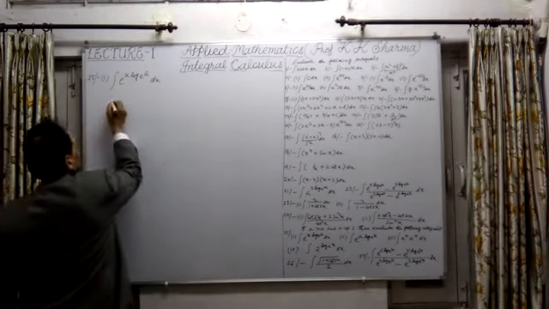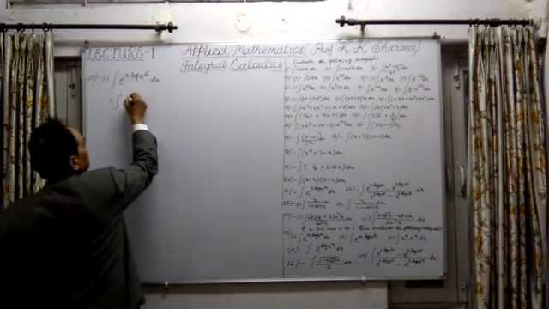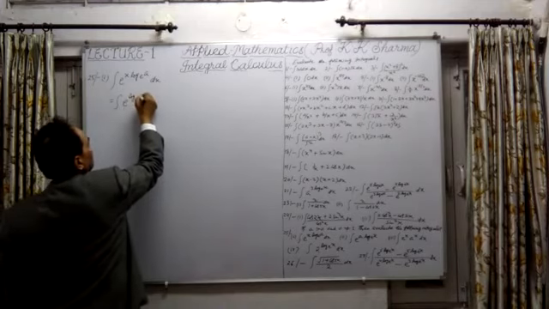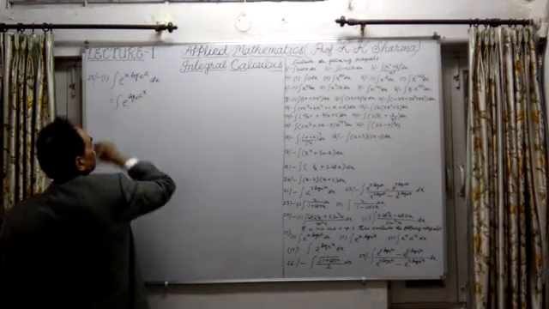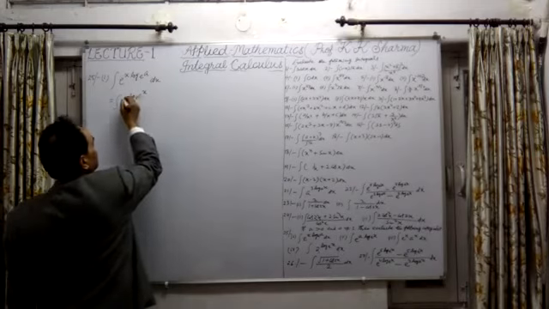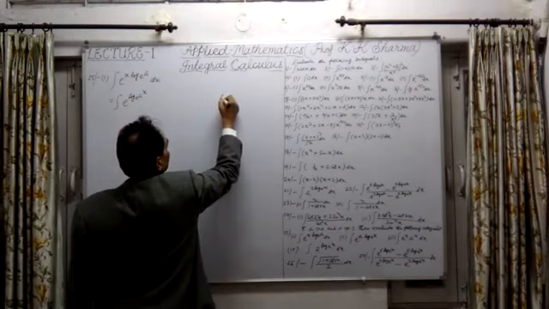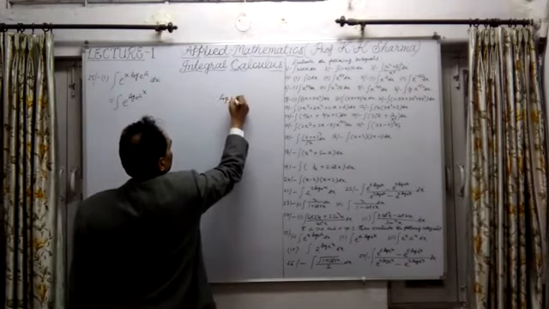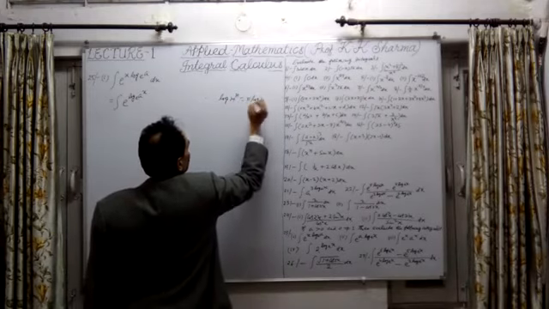Now we know that this can be written as e raised to the power log of a raised to the power x, base e, because the x power can come inside, since we know that log of m raised to the power n equals n log m.